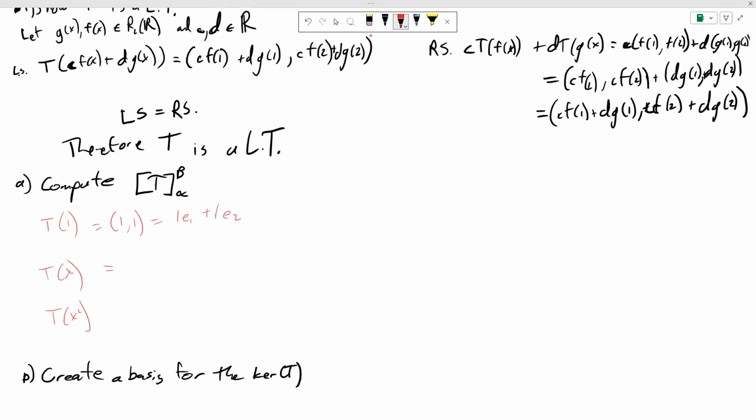T of x gives us (1, 2), which equals 1e1 plus 2e2. And T of x squared gives us (1, 4), which is 1e1 plus 4e2, giving us the matrix representation of our linear transformation being [1 1 1; 1 2 4].